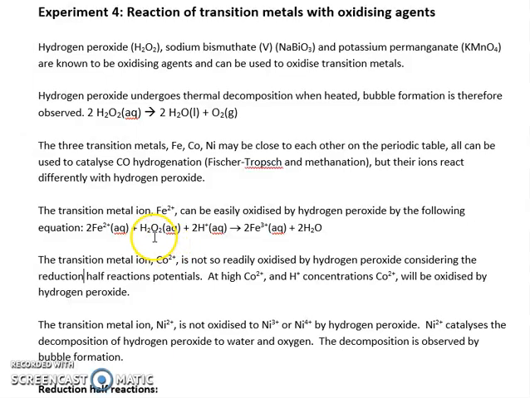So let's look at the oxidation state of oxygen. Now this oxygen is part of hydrogen peroxide. So it's a peroxide, which means this oxygen has got an oxidation state of -1. And here we have water. Water is obviously not a peroxide, and therefore this oxygen will have an oxidation state of -2.